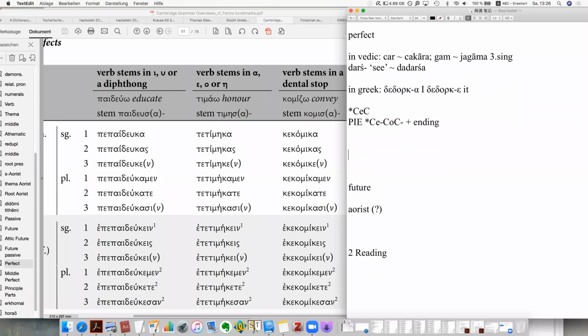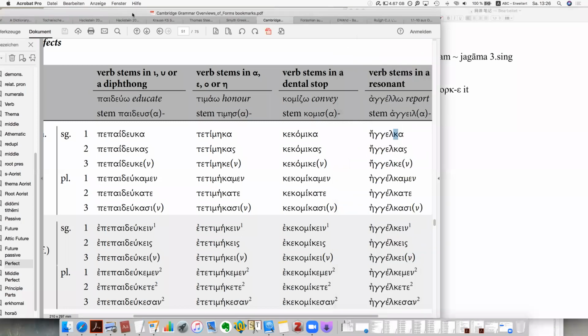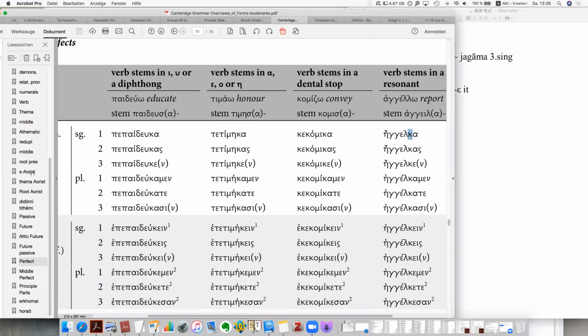So in Greek, we have a k-perfect. This is why I say that it is also related to the aorist. And then let's move on probably to the aorist.